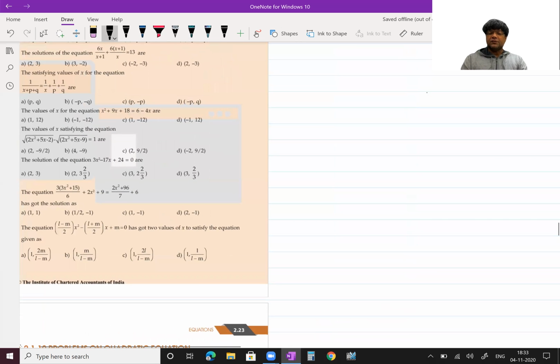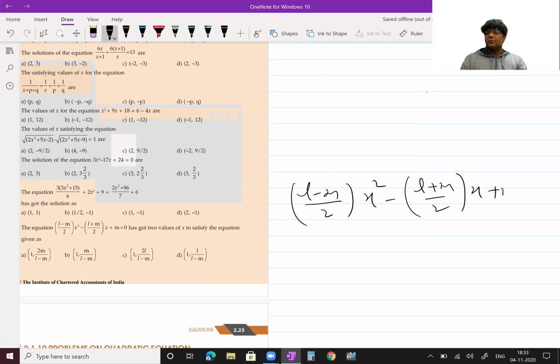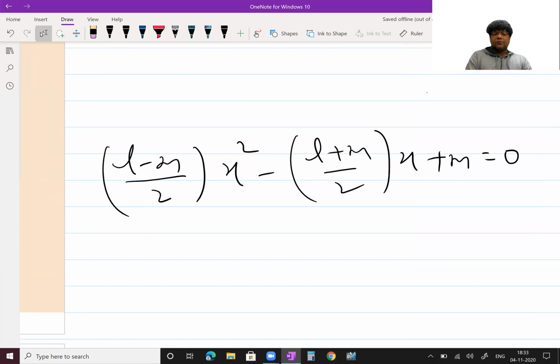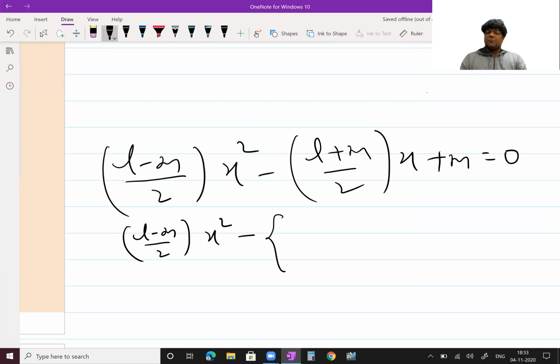See, this is (L minus M) by 2 into x square minus (L plus M) by 2 into x plus M is equal to 0. Middle term factor, how? (L minus M) by 2 x square minus this (L plus M) by 2, I can write with the help of this and this.